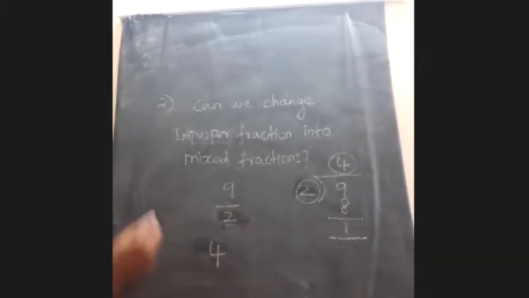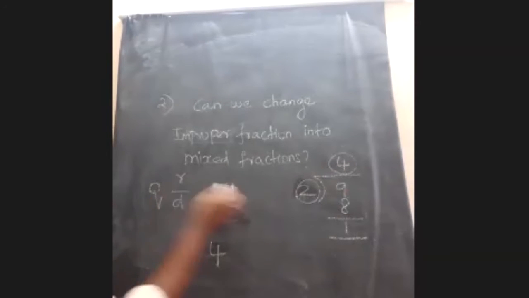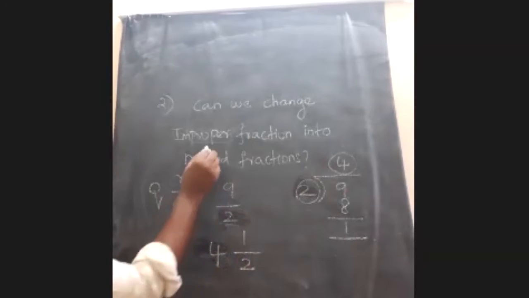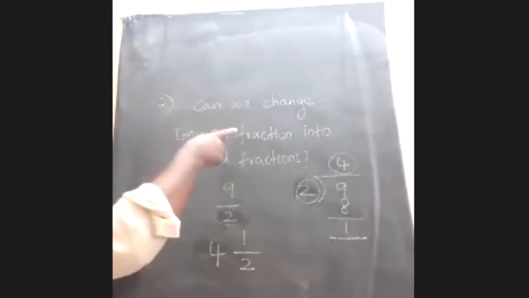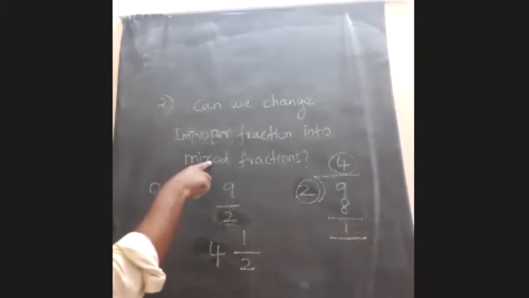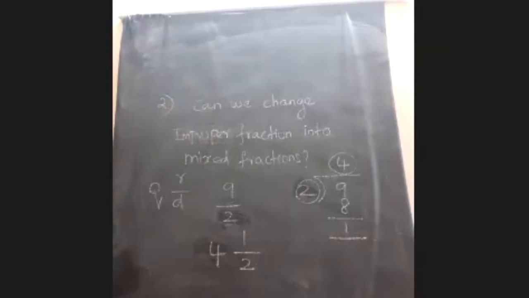In school, you might have studied this Q R by D, exactly the same. Quotient is 4 and your remainder is 1. And what is your divisor? 2. So 4 1 by 2 is the answer. So we can change an improper fraction into a mixed fraction, as well as a mixed fraction into an improper fraction.